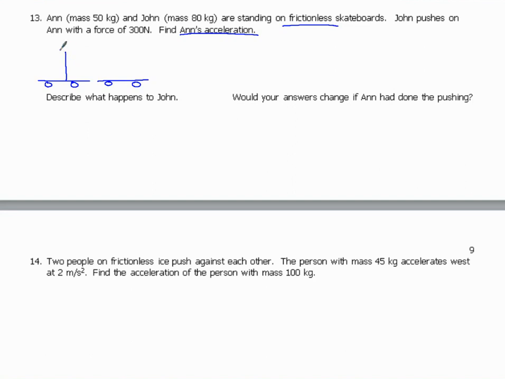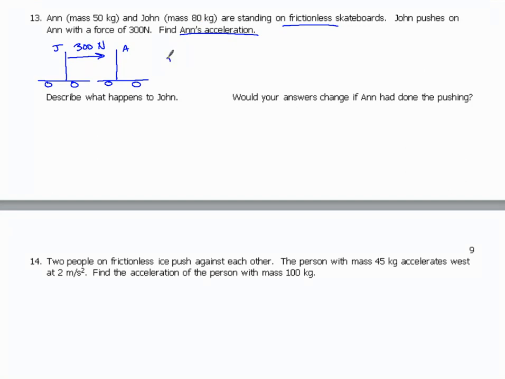So this will represent John, this will represent Anne, and this will represent the force that John exerts on Anne. We're looking for acceleration. We know masses, we know force.